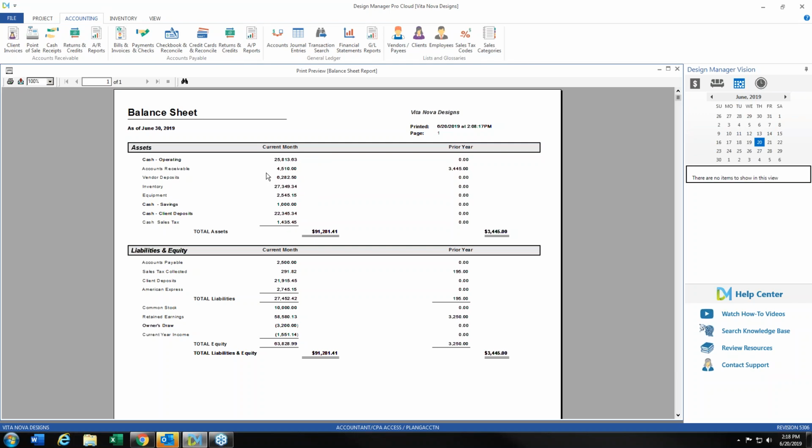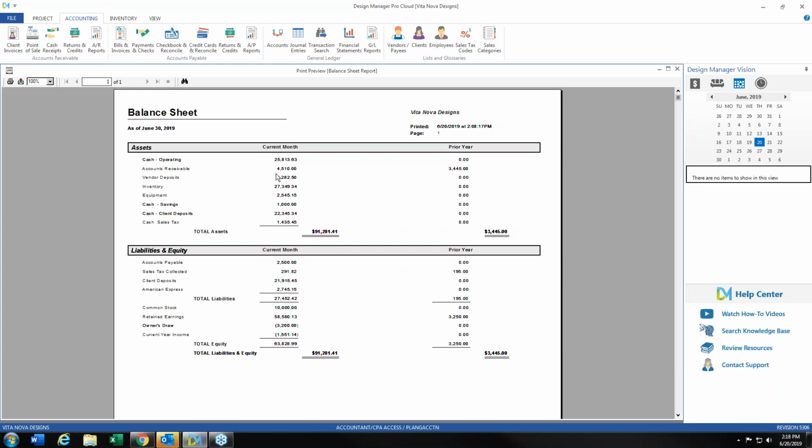So if the vendor sends you an invoice, and you paid 50% and that's sitting here in that deposit, they send you the vendor invoice, it's put in and it's paid, then it'll be removed from this amount. So picture it as like a holding account until that invoice is paid.